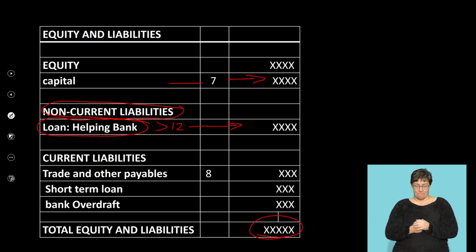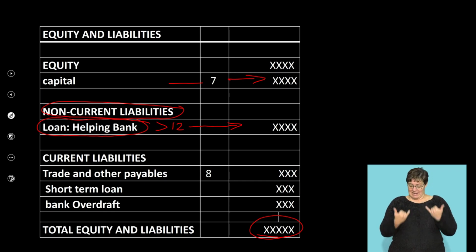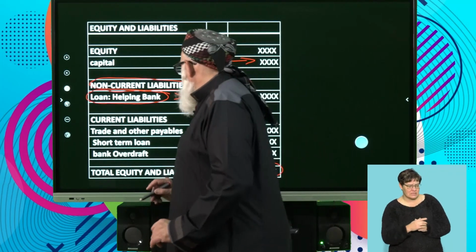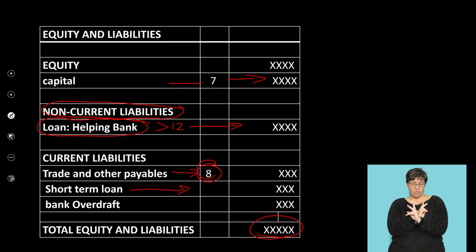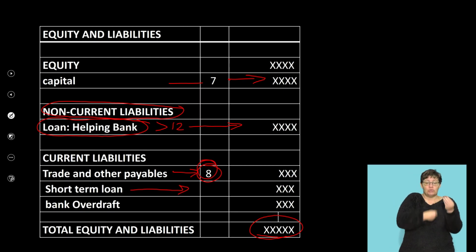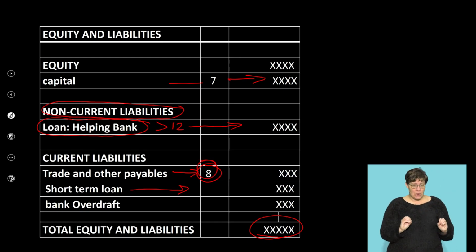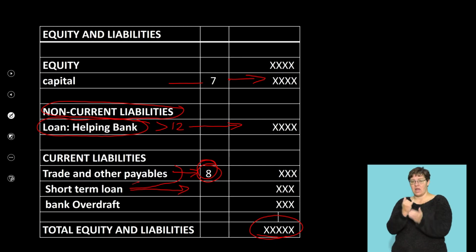Okay. Then you bring in your current liabilities. What do you have under current liabilities? You have your trade and other payables. We've discussed this note at length. Now, obviously, you will notice here that if your short-term loan was not included in your trade and other payables, then it has to appear as a standalone item on the face of the balance sheet, right?